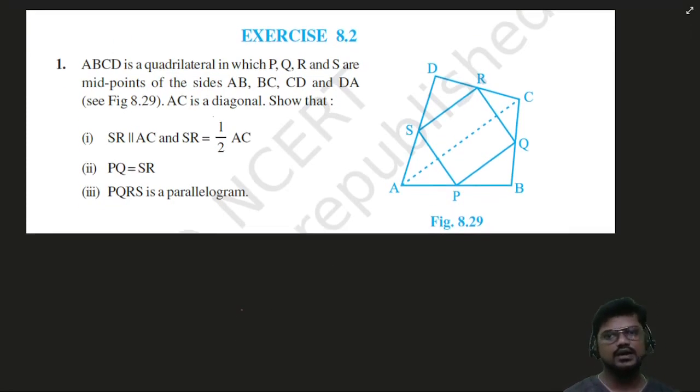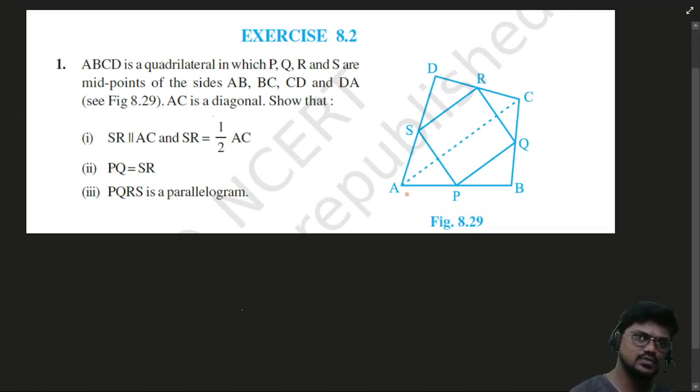Now over here, ABCD is a quadrilateral in which P, Q, R, S are the midpoints of the sides AB, BC, CD and DA. AC is the diagonal. Show that SR is parallel to AC. This is what you need to show.